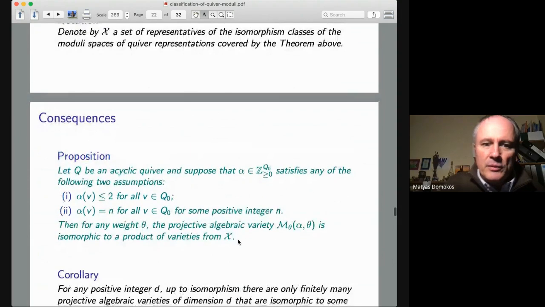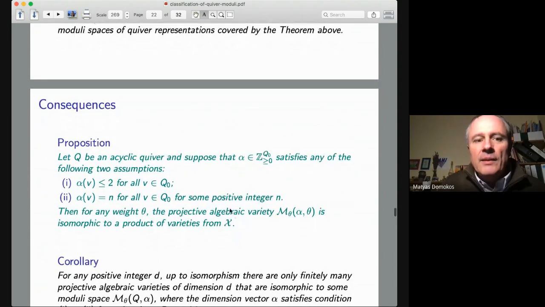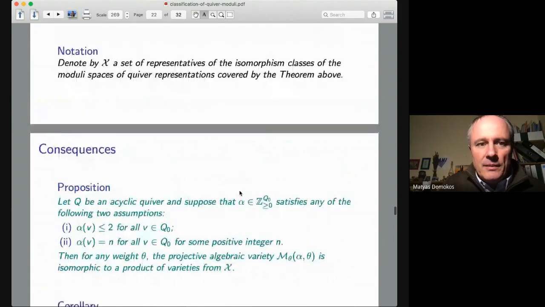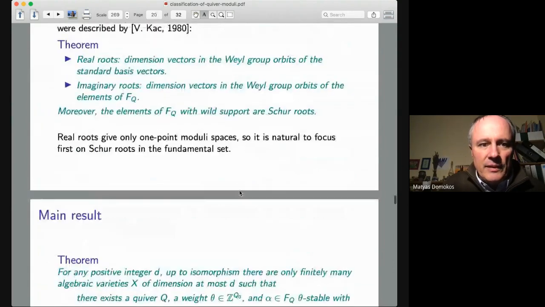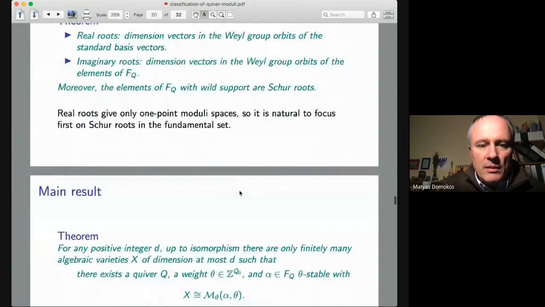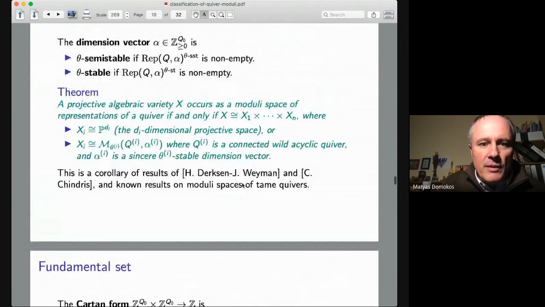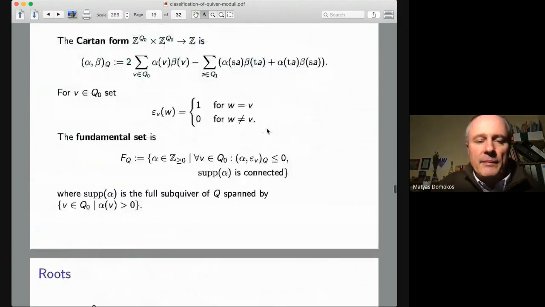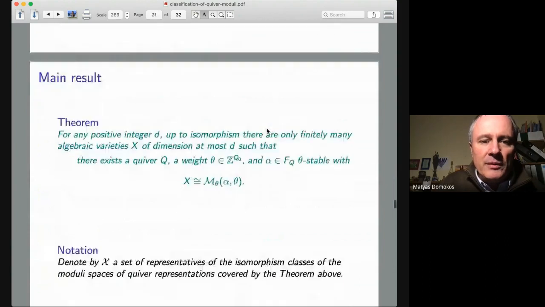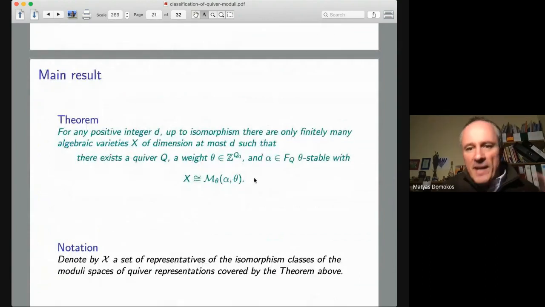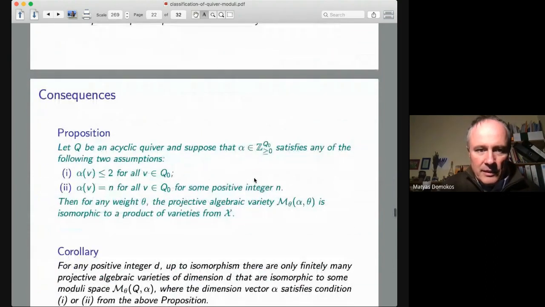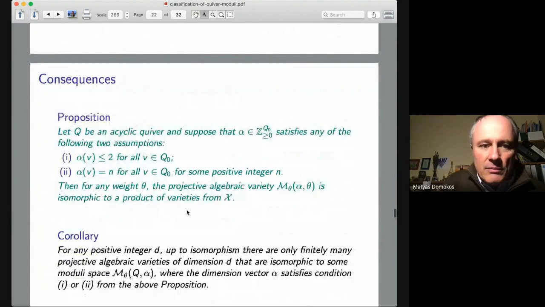I haven't thought about it, but in fact, you just need to take from X such elements which also satisfy these conditions.